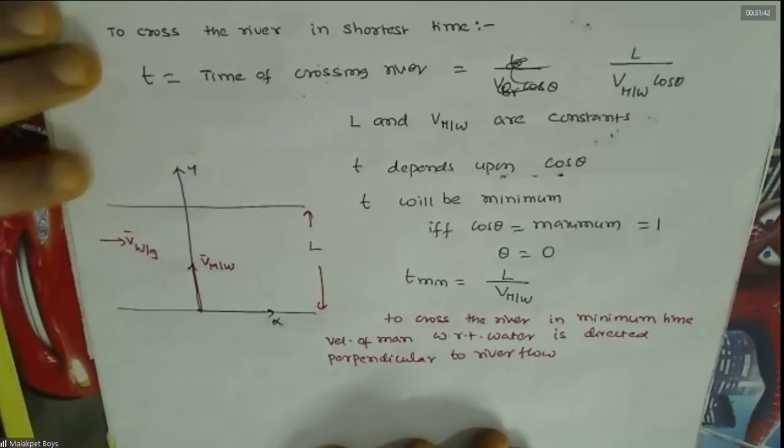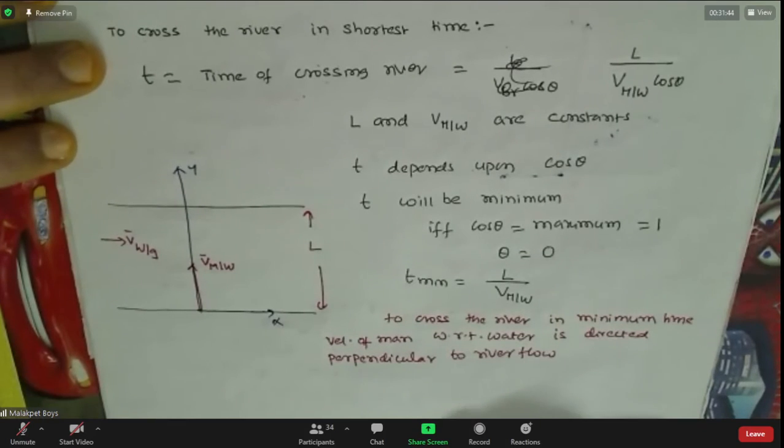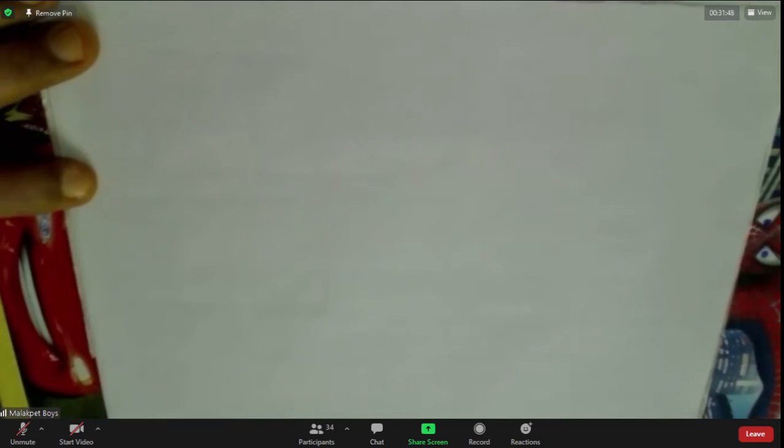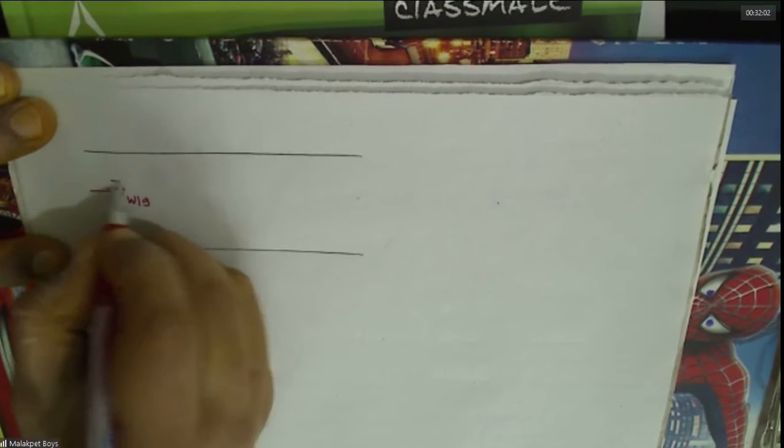Now, see, suppose it's a river. This is the velocity of water with respect to ground.